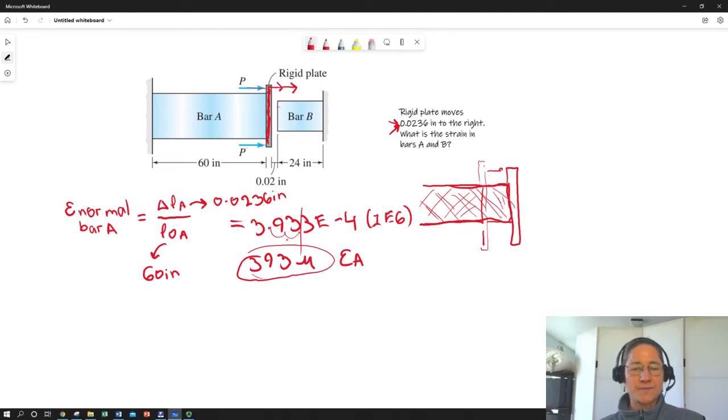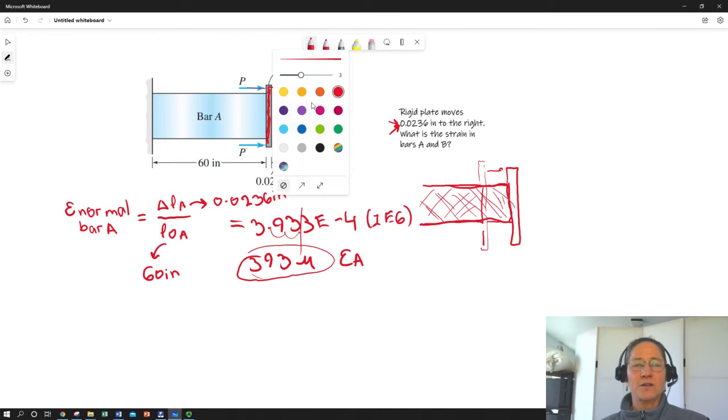In the normal direction. Now B is a little bit different, and we'll change colors here.